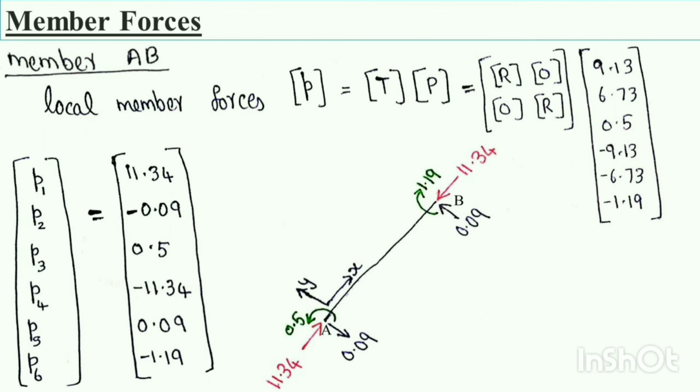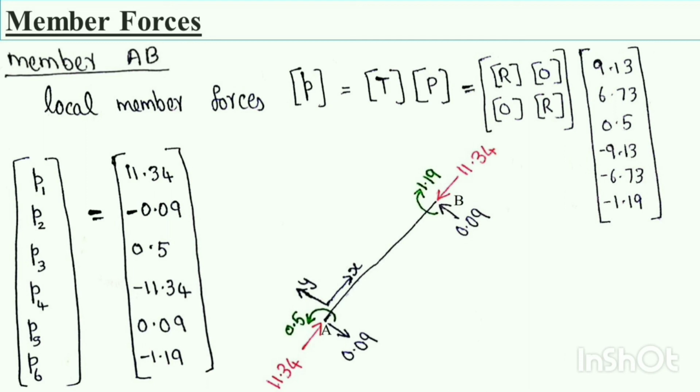Next, we can find the local member forces, small p. The formula connecting local and global member forces is small p equal to T into capital P, where T is the transformation matrix and P is the global forces. T is as given, and P we have just found, which is 9.13, 6.73, 0.5, minus 9.13, minus 6.73 and minus 1.19.